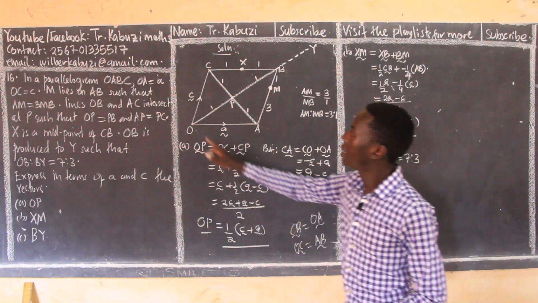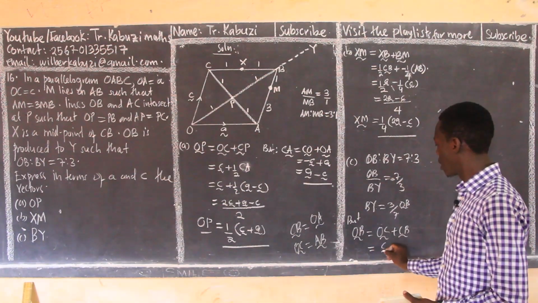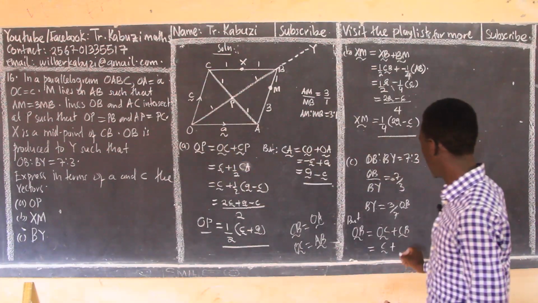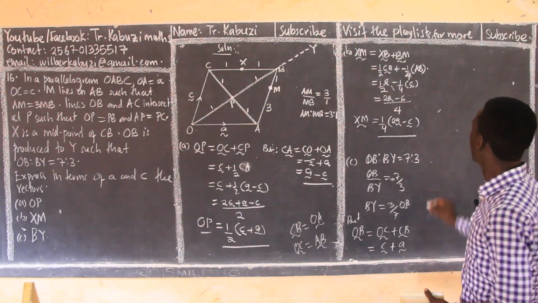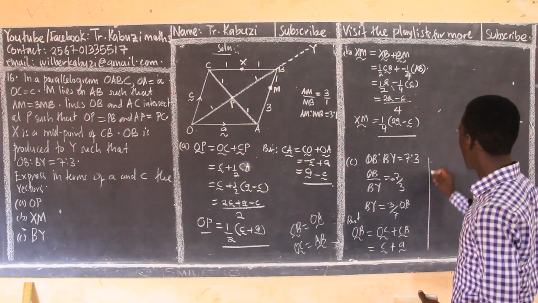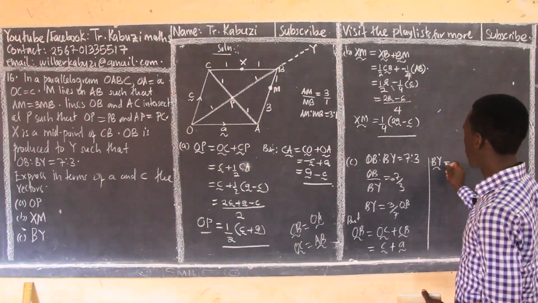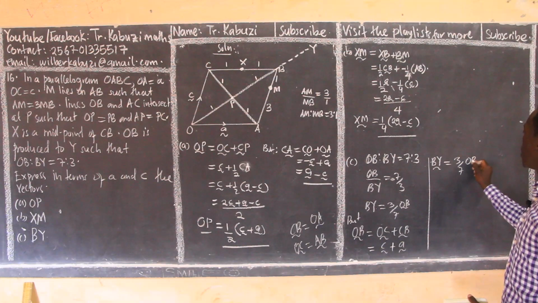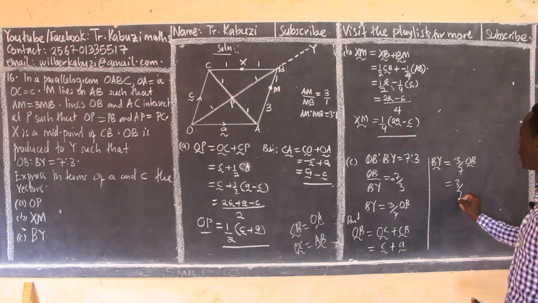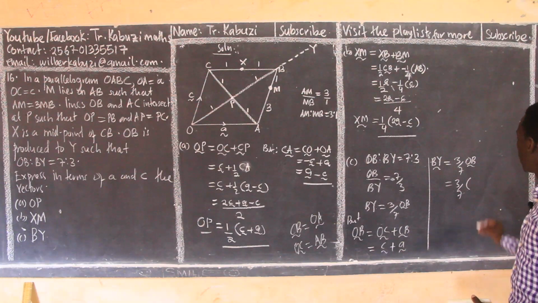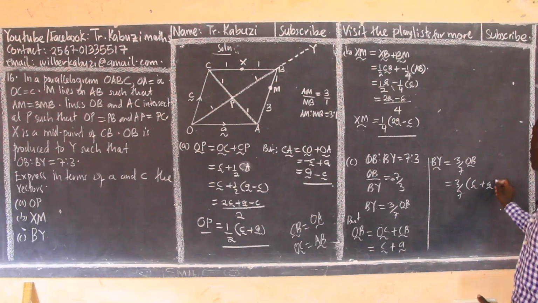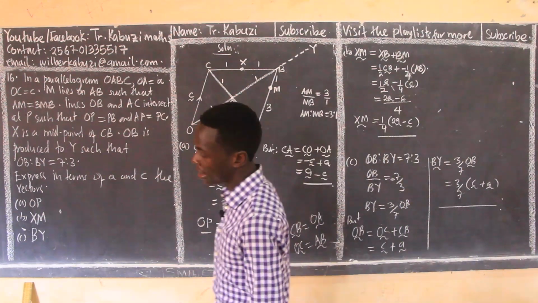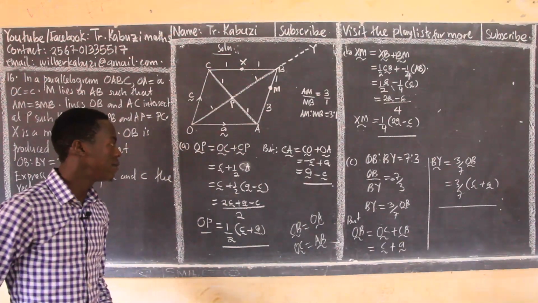My OC is C, then plus my CB, this CB is the same as A. So now my BY will be equaling 3 over 7 OB, which we have obtained, so it will be 3 over 7 into my OB, which is C plus A. And so it was very easy, direct. There was not much thinking there. So that's how we had to do vectors number 16.